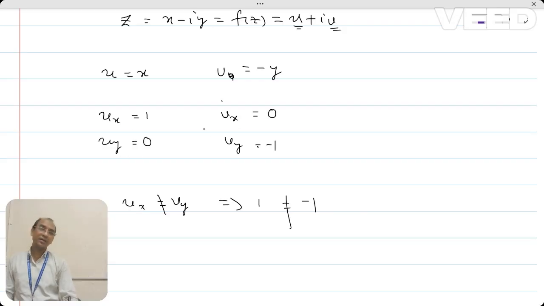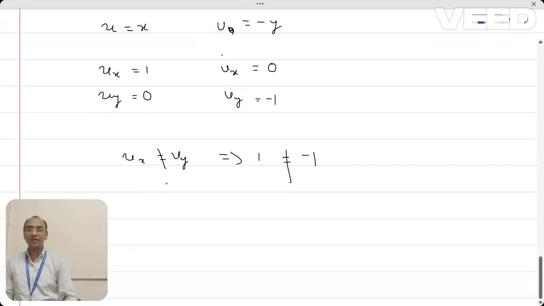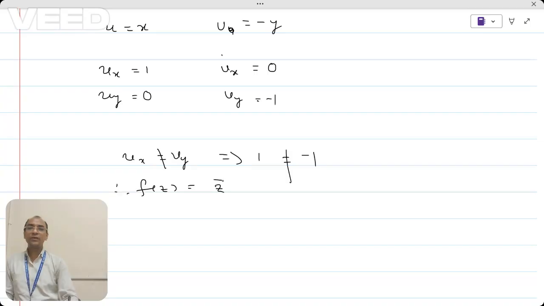If any one of the conditions is not satisfied, then we cannot say that it is analytic. To be analytic, both conditions should be satisfied. So one condition is not satisfied, so there is no need to go for any other condition. Therefore, f of z equal to z conjugate is not analytic everywhere.